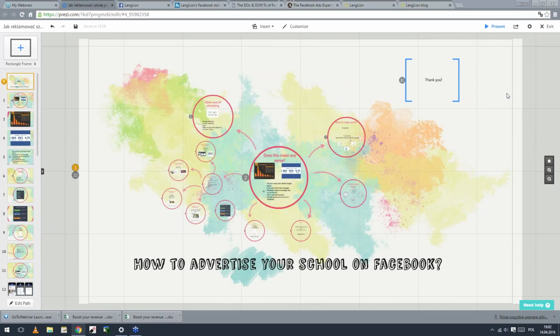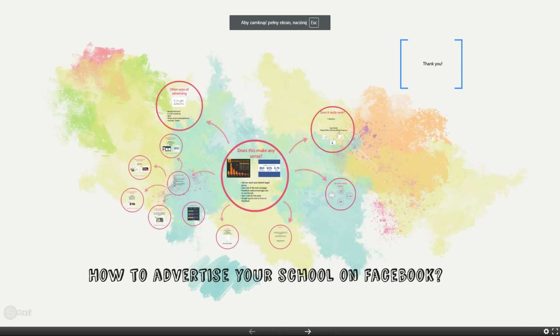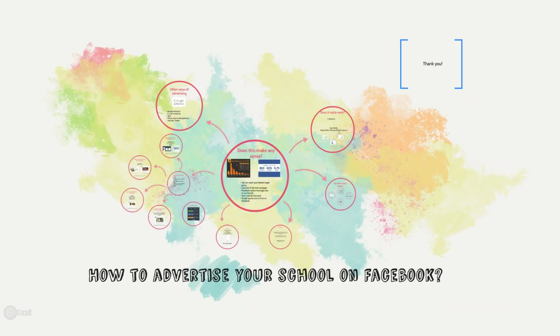I also prepared some polls for you, and I will ask you some questions in the meantime. First, let's begin with the presentation. I hope that everything is visible and clear, and you can hear me correctly. If there's any problem with the quality, or you have trouble seeing what I'm showing, just let me know as well.